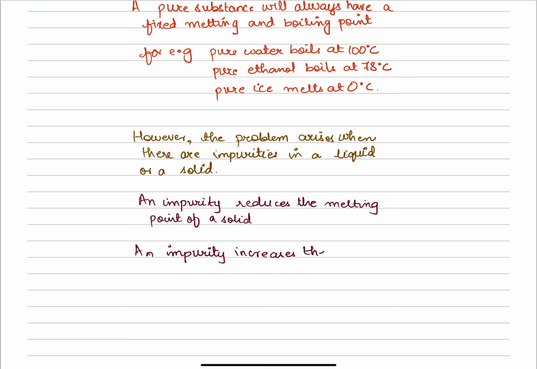So say for example, pure water was boiling at 100 degrees Celsius. Now, if you have impure water, let's say for example, you have a salt solution. If you have a salt solution, that means pure water has NaCl, sodium chloride, as an impurity. So if that is the case, then the boiling point of the water would be way above 100 degrees Celsius. So an impurity increases the boiling point of a liquid, and impurity reduces the melting point of a solid.